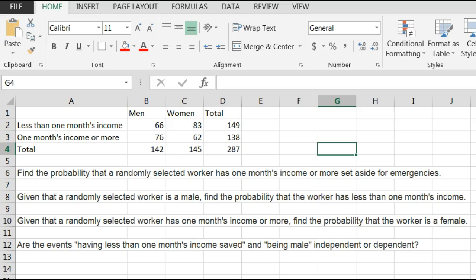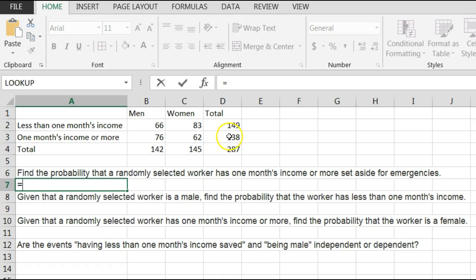Okay, the first question was find the probability that a randomly selected worker has 1 month's income or more set aside for emergencies. All right, so of those 287 total, 138 did. So I would say equals, it's really this 138 divided by the total.